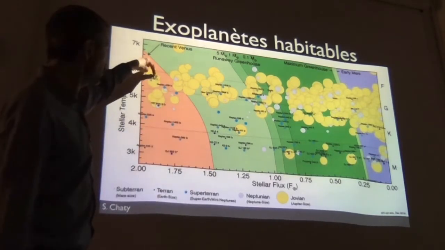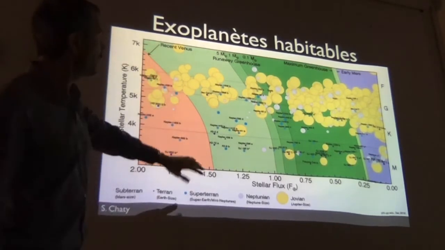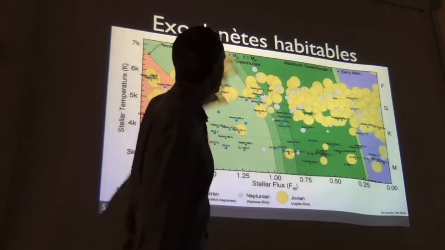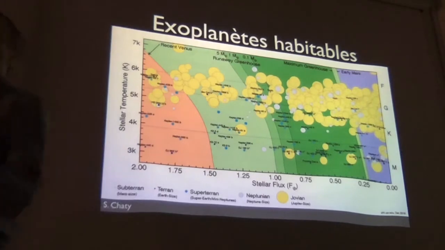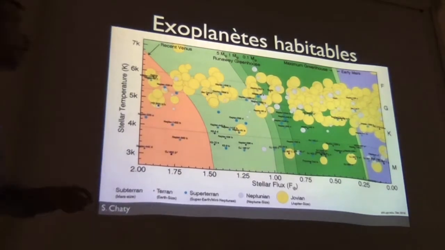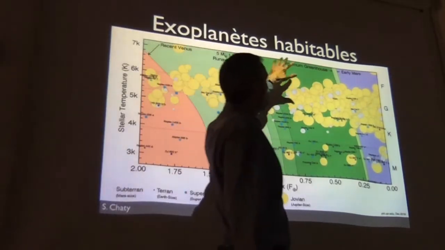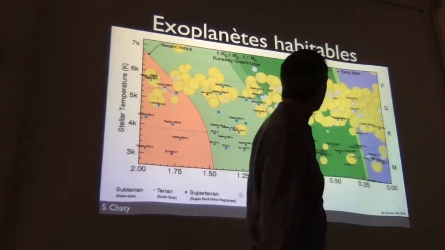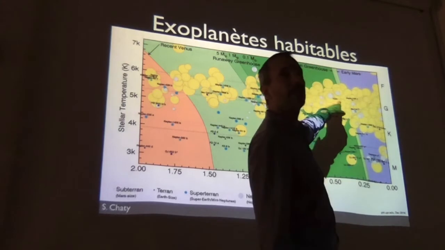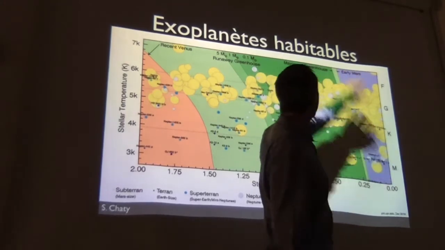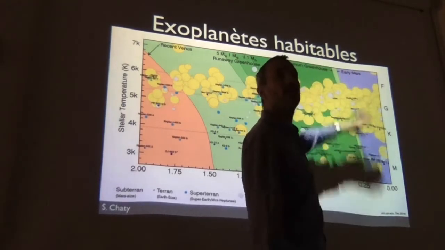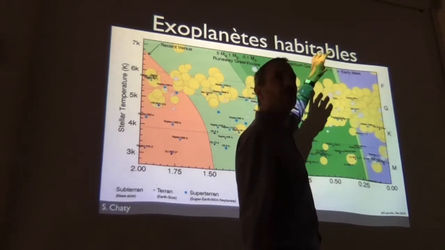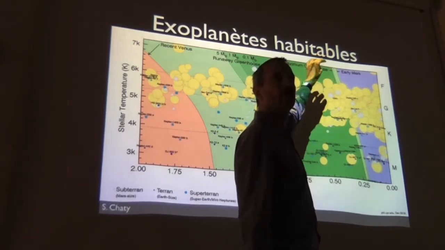Venus is here, in fact. This is the runaway greenhouse, so it is becoming too hot, and this is becoming too cold. So this is Mars, for instance. Mars is here. It is at the limit. So early Mars, maximum greenhouse. Then the star has not enough flux and temperature to warm up the planet.